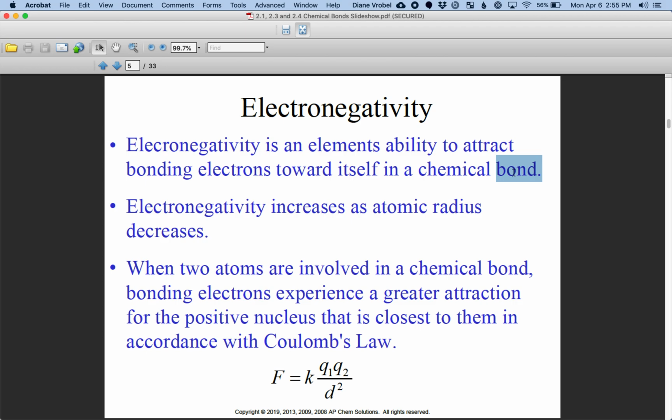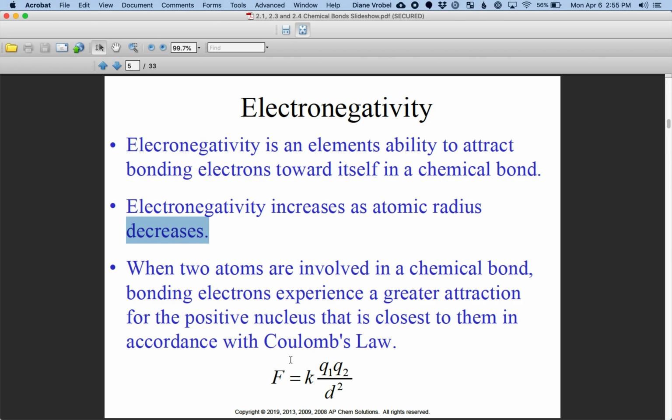Now, you should know that the most electronegative atom is fluorine. And the reason why is it has a very tight attraction of electrons to the nucleus. And because of that, it has a smaller radius. So the smaller the radius of the atom, the higher the electronegativity.